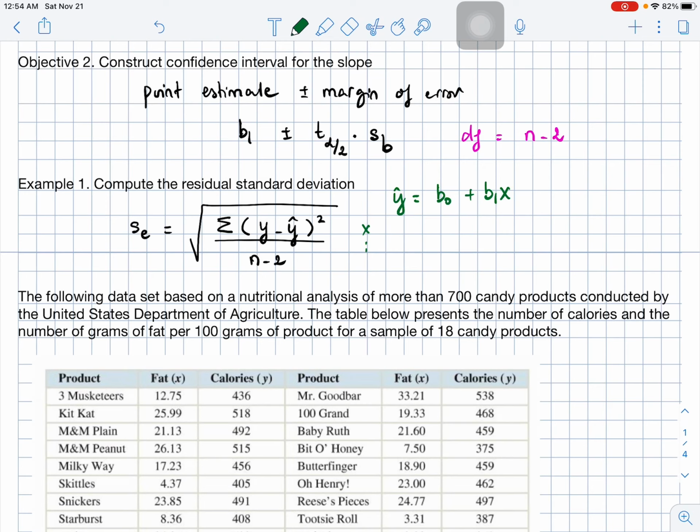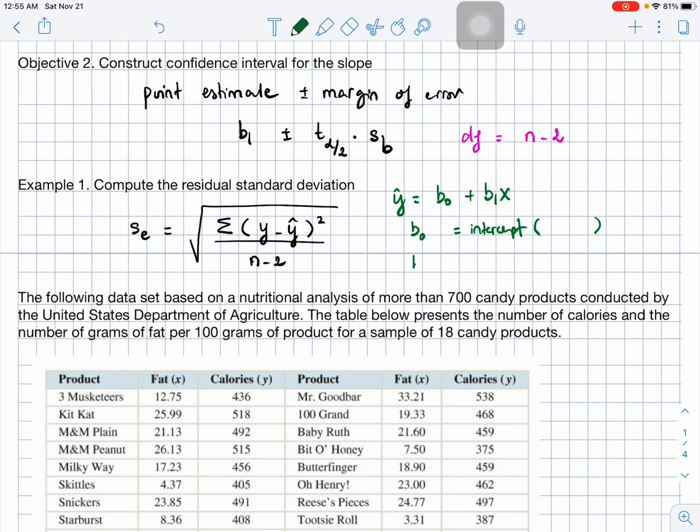We need to enter the x values and the y values first, and after that we use the command for b naught, equal intercept, and then follow the command in Excel to see what they want us to input. To find b1, the slope, we use equal slope. After that, you put both of them into the equation y hat equals b naught plus b1 x.